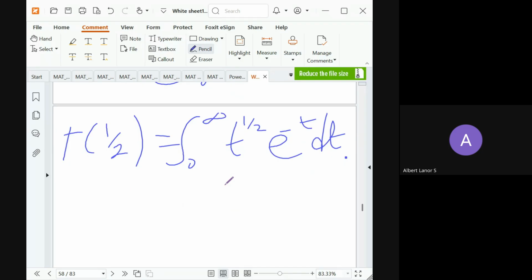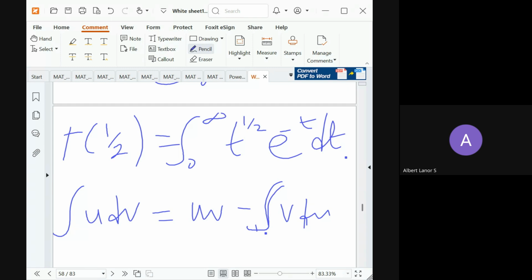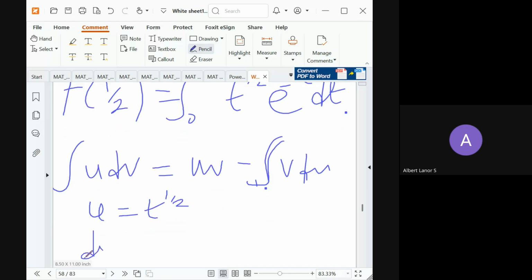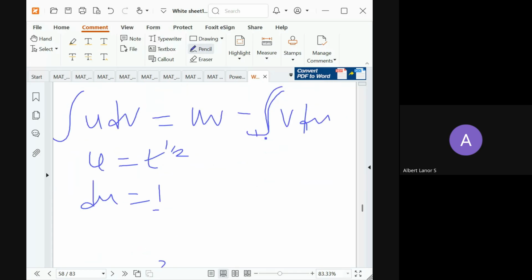By parts, you know that the integral of u dv is equal to uv minus the integral of v du. So let u be equal to t to the power half. Then you differentiate it: du is equal to half t to the minus half dt. So you use integration by parts.